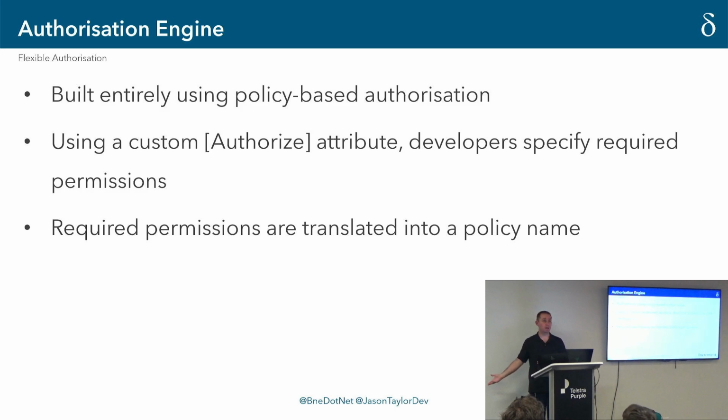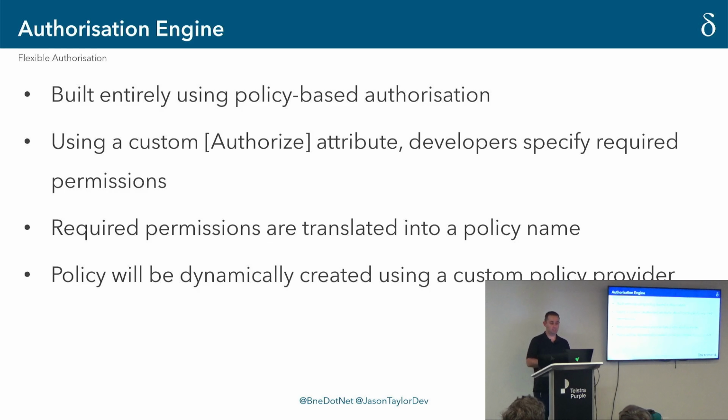As an example, it may be policy 21. That policy will then be dynamically created using a custom policy provider to enforce those permissions. So policy 21 might mean a user is authorized if they have view access control and configure access control. That will be the requirements of that policy.